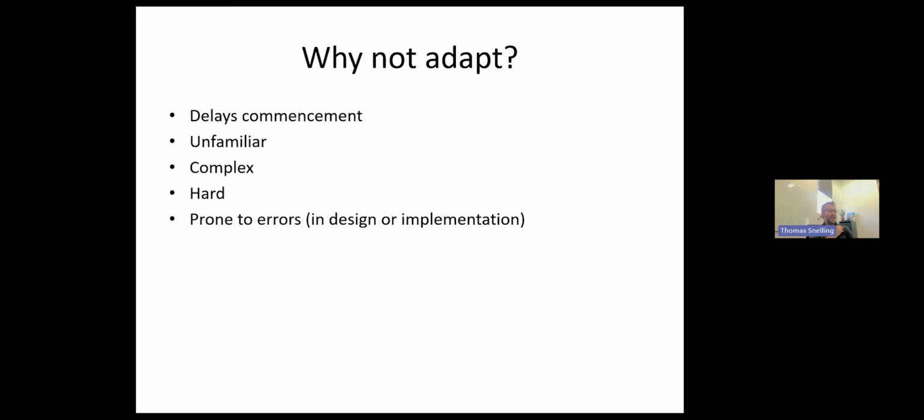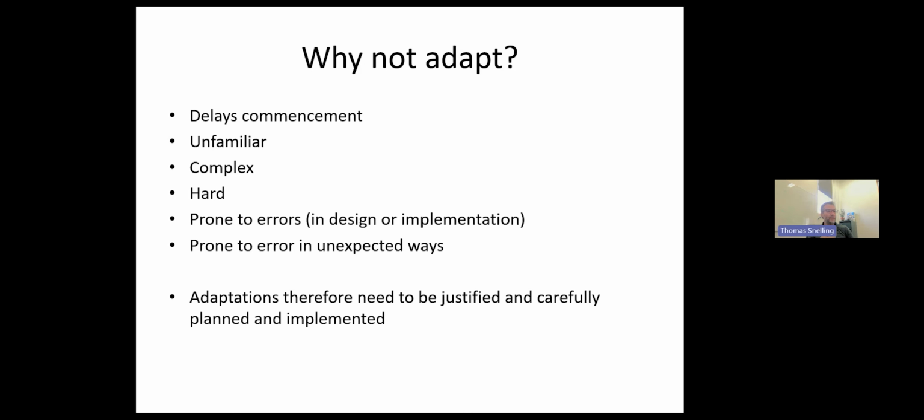Importantly, because of the complexity, it increases the risk of errors, both errors in the design and errors in the implementation. And not only does it increase the risk of making mistakes, but it can do that in ways that are hard to anticipate the impact of.